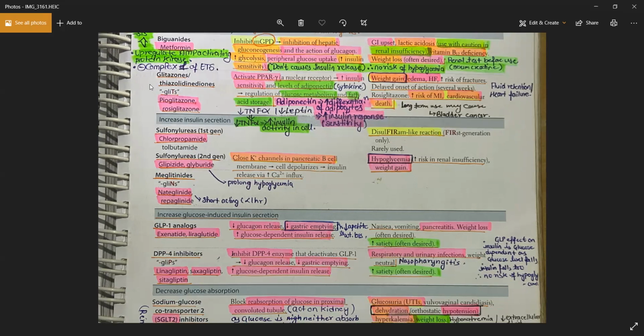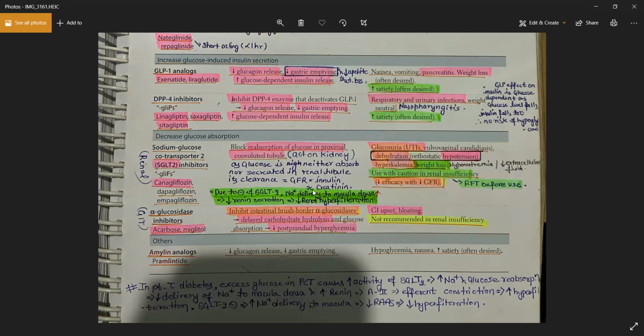Although I've never encountered any question, it was just a fact which I've seen somewhere that for the long-term use, they can even cause cancer, the glitazones. Not much important for Step 1, don't worry about that. The important part is the edema only, the volume overload. It's just a fact, if you want to remember, you can remember it, that they can cause a bladder cancer in the long term. But I have encountered no question on this fact, so yeah. Okay, thank you.